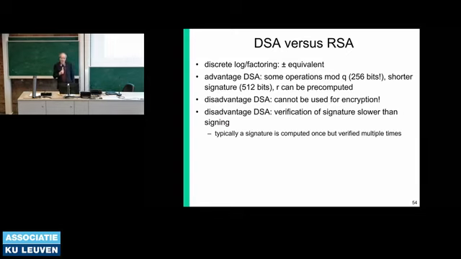In RSA, signing is more expensive than verifying. But in the real world, for example, Microsoft signs a code update once, and then a billion PCs have to check it. So for most signatures, you produce them only once, but you check them billions of times. So you want the verification to be faster than the signing. But DSA has the opposite.